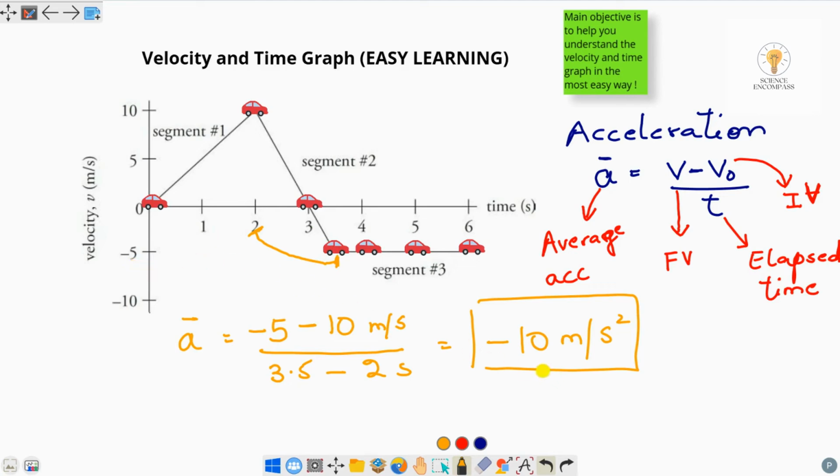So we got the acceleration between the time period of 2 seconds and 3.5 seconds. The average acceleration experienced by the car is minus 10 meter per second squared. Now another reminder, so when the velocity is 0, acceleration will also be 0.